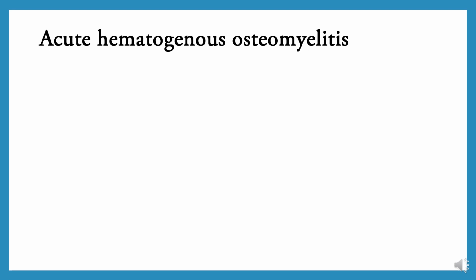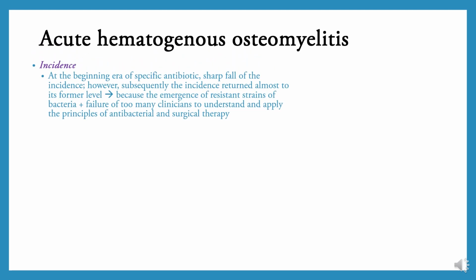Acute hematogenous osteomyelitis. The incidence: at the beginning of the era of specific antibiotics, there was a sharp fall of the incidence. However, subsequently the incidence returned almost to its former level because of the emergence of resistant strains of bacteria and failure of too many clinicians to understand and apply the principles of antibacterial and surgical therapy.